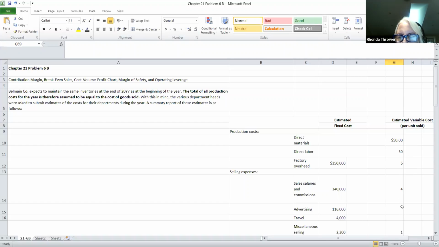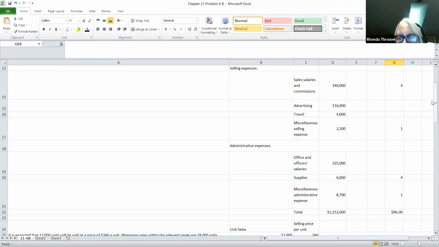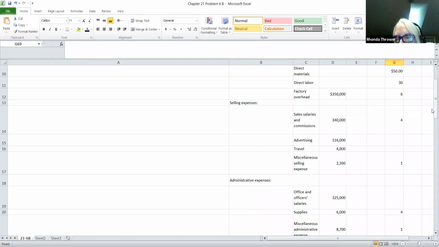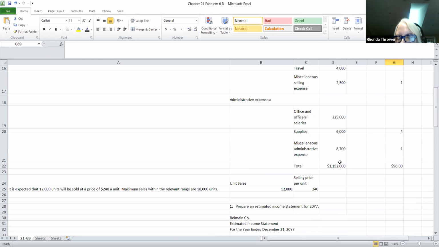So they've given you all the variable cost per units. They've estimated the amount of the production cost and the selling expenses, and they've also estimated the amount of administrative expenses. And so our fixed costs are going to be this column right here, and these fixed costs are shown as dollar amounts, and they've got them totaled here, so the total fixed cost is this amount.